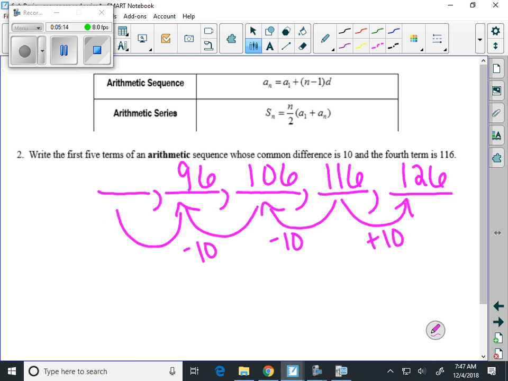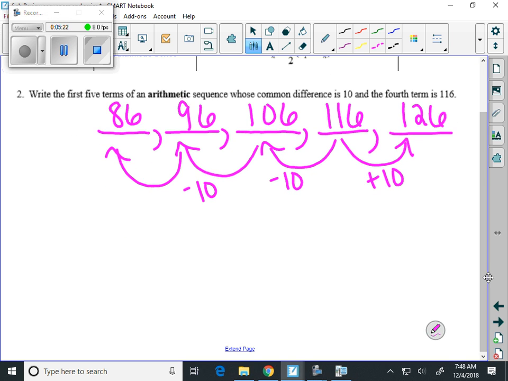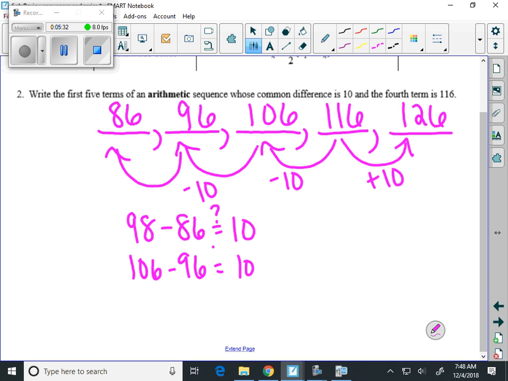We subtract 10 to get 86. And if you're not quite sure, try it here. Does 96 minus 86 equal 10? Yes. Does 106 minus 96 equal 10? Yes. So you know that you are fine on this particular problem.